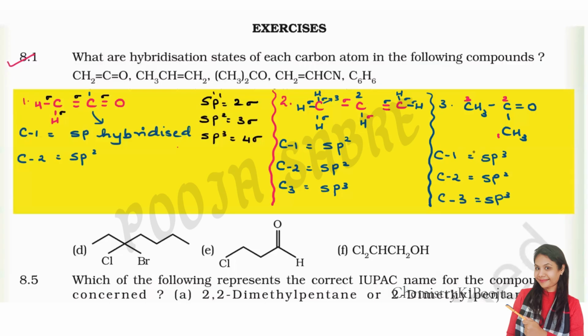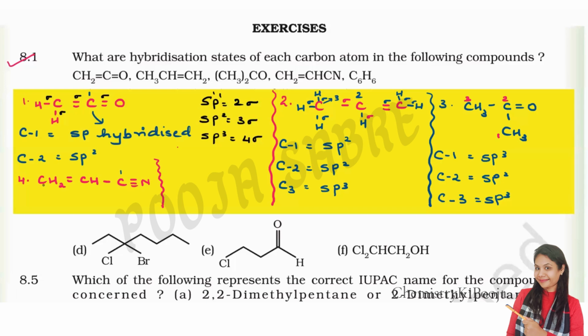Clear? Coming to the fourth one. The fourth one is CH2=CH-CN, where CN is nothing but C triple bond N. Now quickly we will write it down.